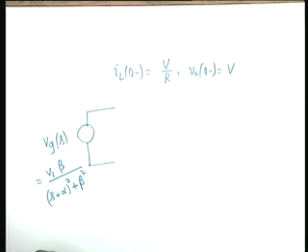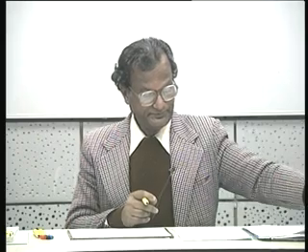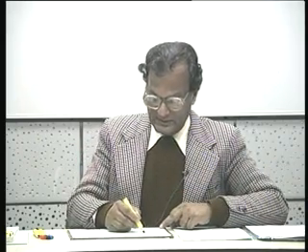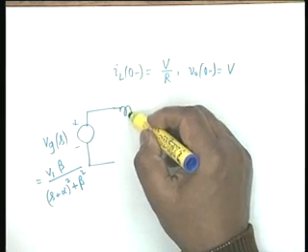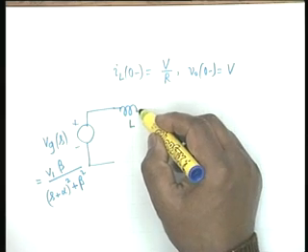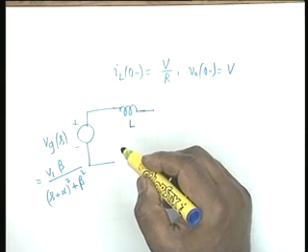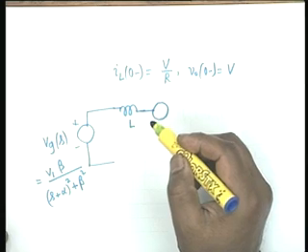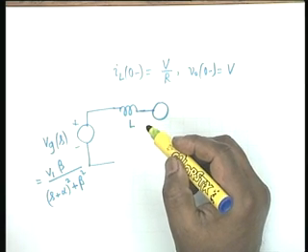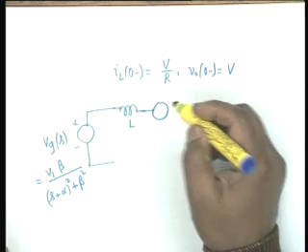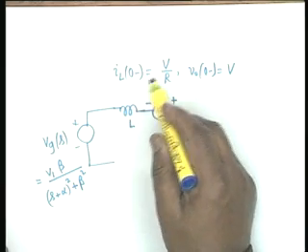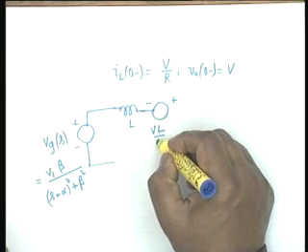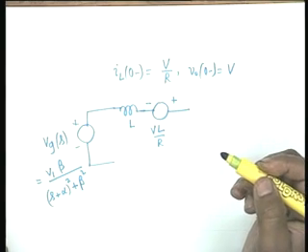We know this transform, e to the minus alpha t sine of beta t, and with this polarity. Then we have the inductor L, which has an initial current, and therefore it is the inductor L without an initial current plus a voltage source. We are not using a current source for obvious reasons, okay? Yes, this will be minus plus, and it would be L IL(0 minus), so it is VL by R. This is the voltage source, okay?